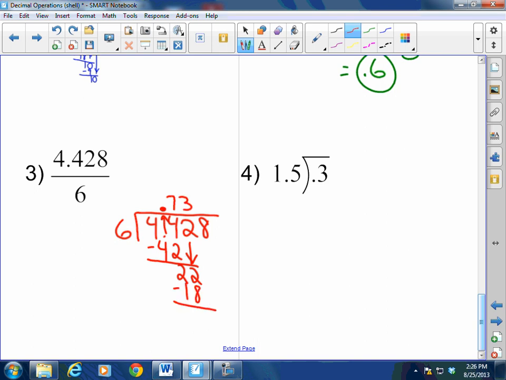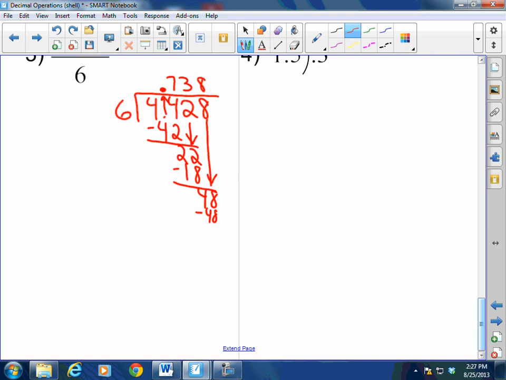It's going to be 18. 4. Bring down the number. Remember, when there's no number to bring down, you add a 0 if you've already placed your decimal. 6 goes into 48 8 times. And that's 0. So my answer is 0.738.